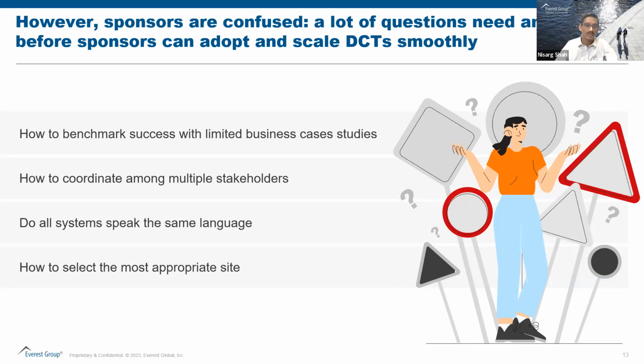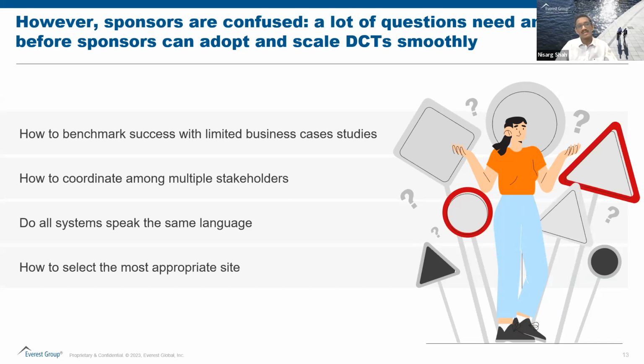The second is coordinating among multiple stakeholders. This is where the patients, the site-facing personnel, the sponsors themselves, and the regulators also get involved. If it is a region-specific regulation such as in Europe, then there needs to be compliance with the regulatory norms.